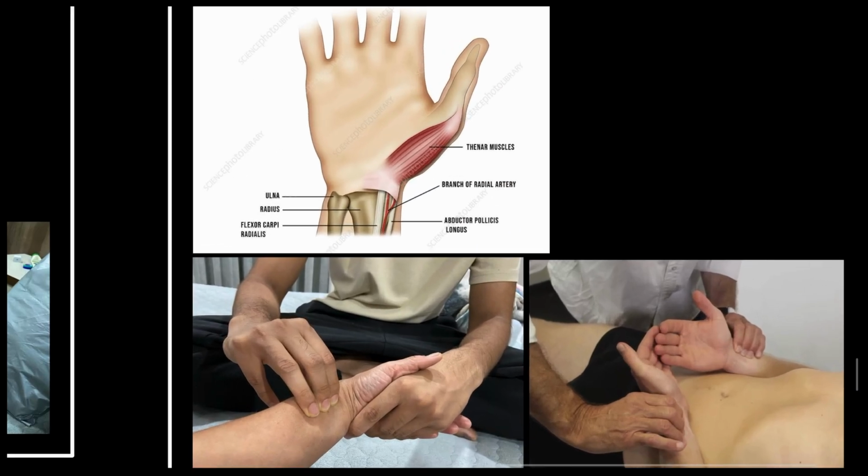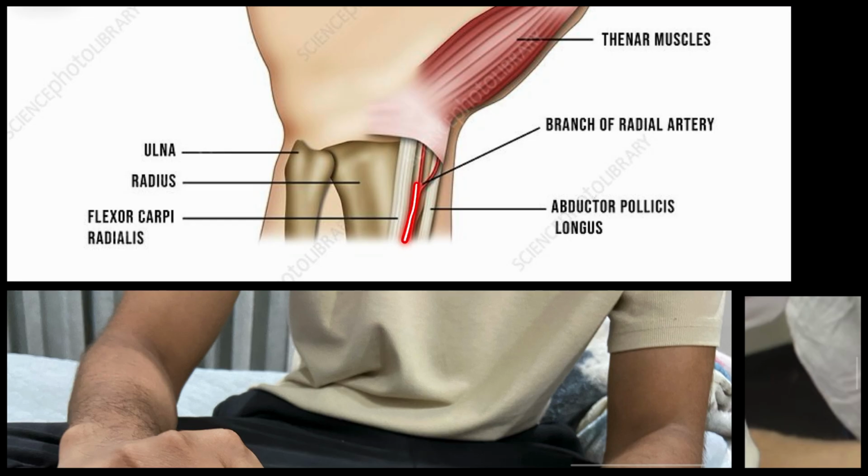Next is the radial artery. The radial artery is palpated on the anterior surface of the wrist, lateral to the flexor carpi radialis tendon. So the radial artery is present lateral to the flexor carpi radialis tendon.